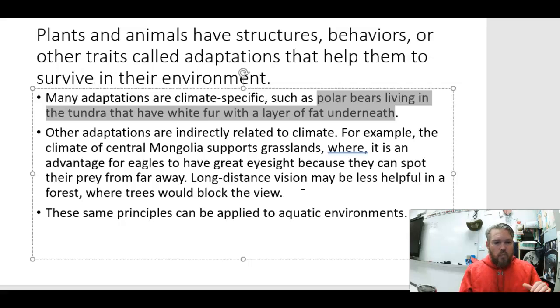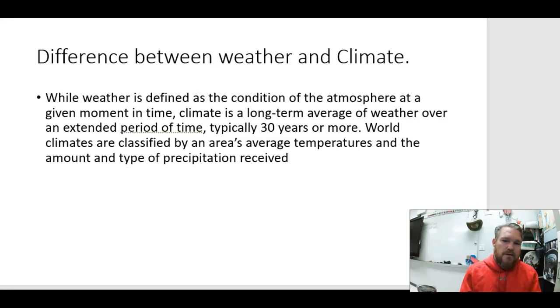So what I hope you saw through all of this is that sun creates weather, weather establishes climate, and climate gives us life zones that organisms then fit into. The main difference between weather and climate is that weather is the condition of the atmosphere at any given moment in time.